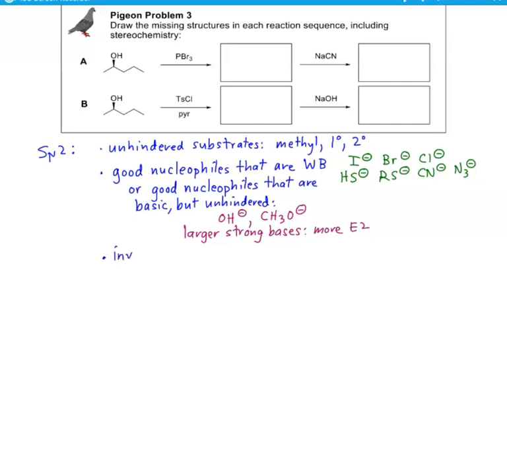We also know about SN2 that an inversion of configuration occurs when the nucleophile attacks an asymmetric carbon.